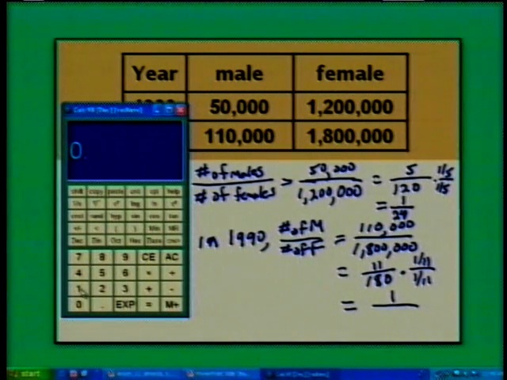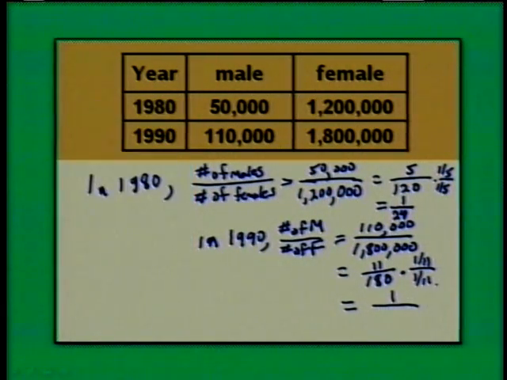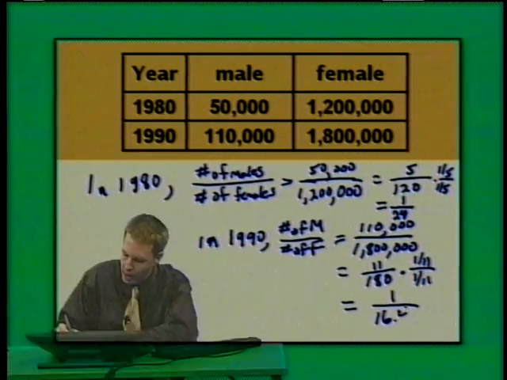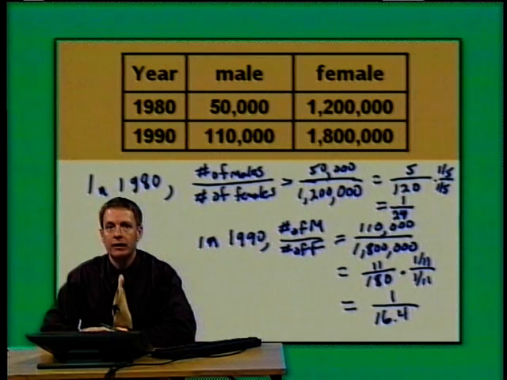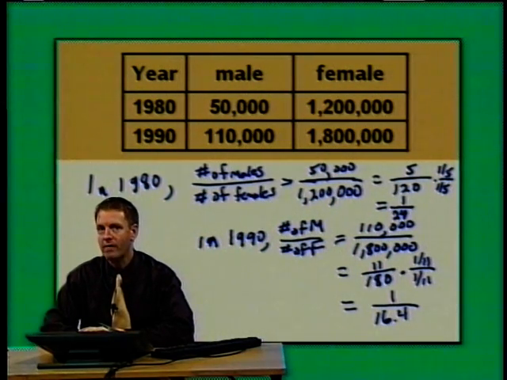So I'm going to take my 180 and divide by 11. And I think if I round this to the nearest tenth and just say 16.4, that will be a number that will allow me to get a meaningful comparison. So by 1990, there were only 16.4 female nurses for every one male nurse.